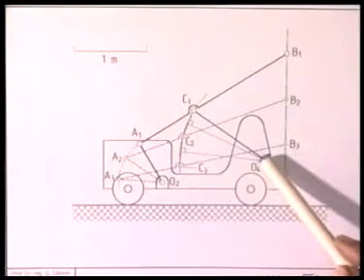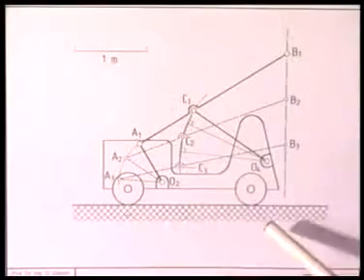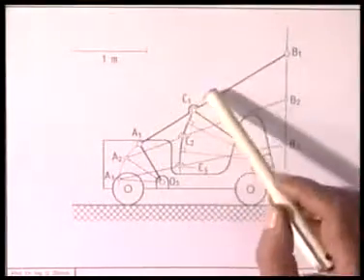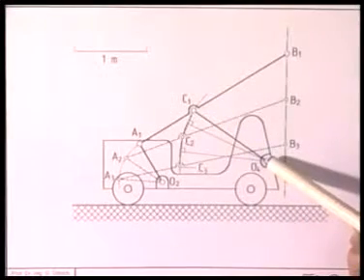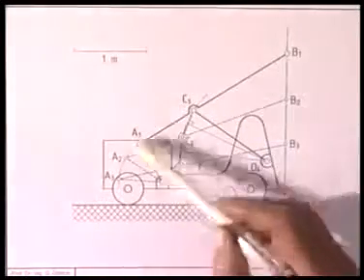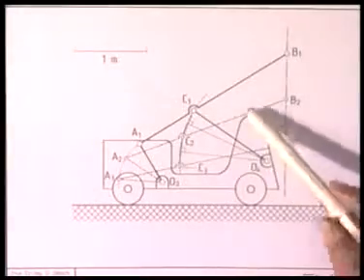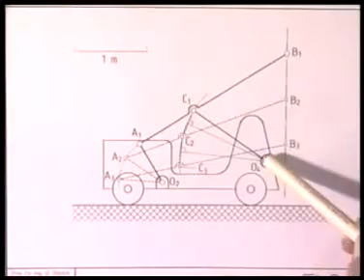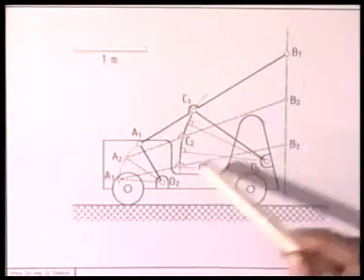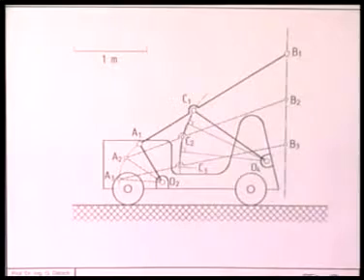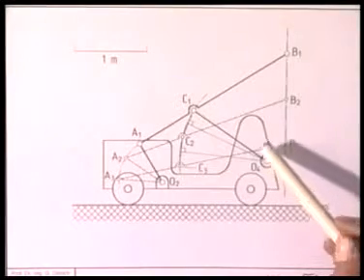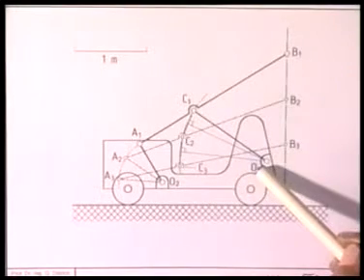determining the required location of the fixed hinge O4. The point to note is that because I choose C1 somewhat arbitrarily, I have no control over the location of O4. Here it happens to be within the boundary of this truck body, but with a different choice of C1, this O4 could have been very much away from the body of the truck, and then we had to do more iteration such that with a proper choice of C1 only, I can get O4 in a convenient location.